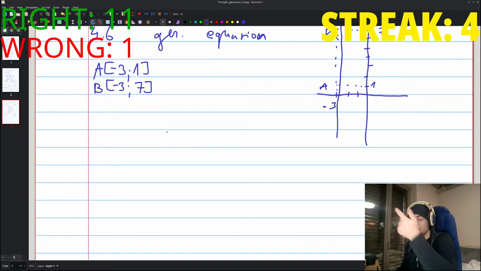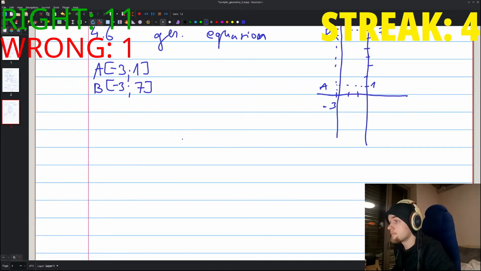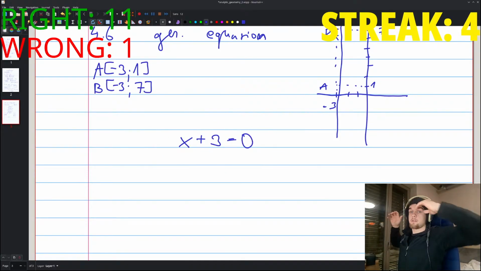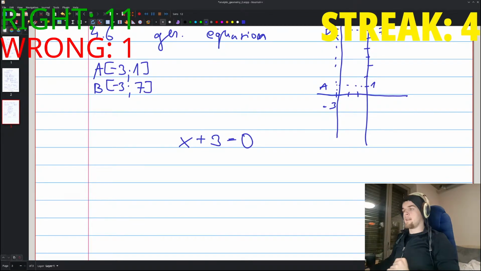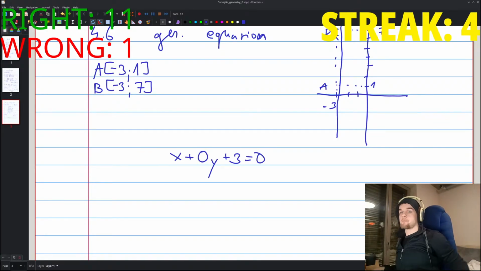So we don't even have to solve anything. And we can just say that x plus 3 is equal to 0. And this is the general equation, because there is no y. The y has literally no effect. I can even write it there. I can do x plus 0y plus 3 is 0.